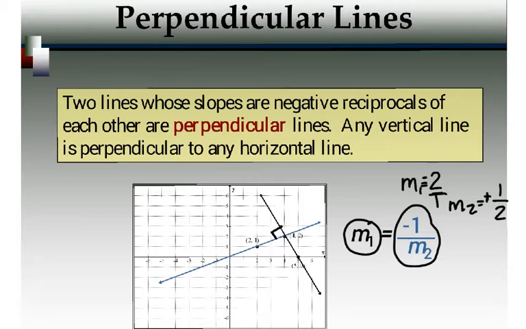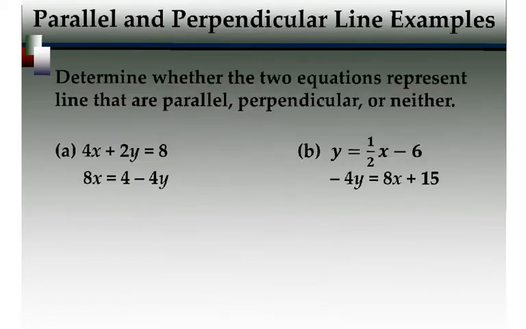Okay, so we're going to use these two facts about parallel lines and their slopes, and perpendicular lines and their slopes, to help us figure out whether two lines are parallel, perpendicular, or neither. So that's what I ask here: are these two equations parallel, perpendicular, or neither?